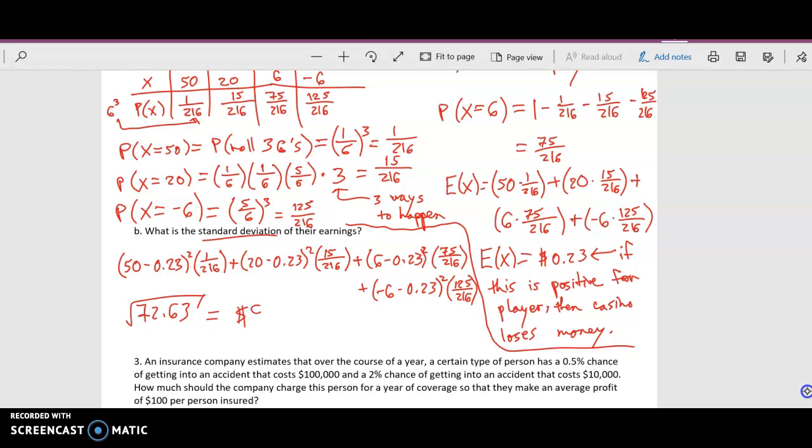So the standard deviation is 8.52. So most of the time, when you play the game, your wins and losses are going to be within $8.52 of winning 23 cents.